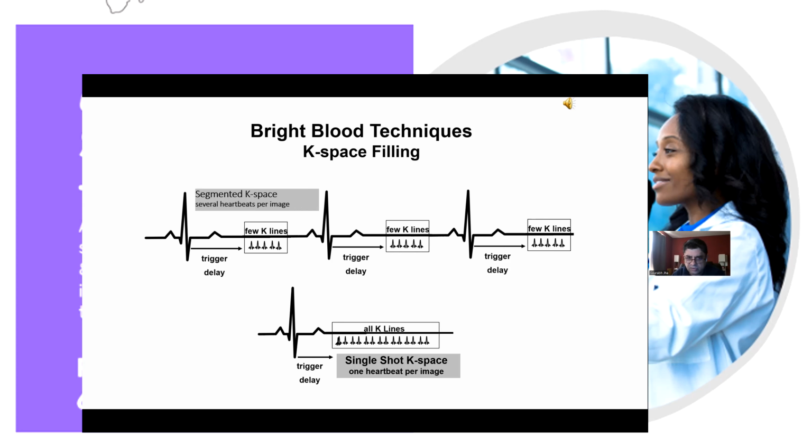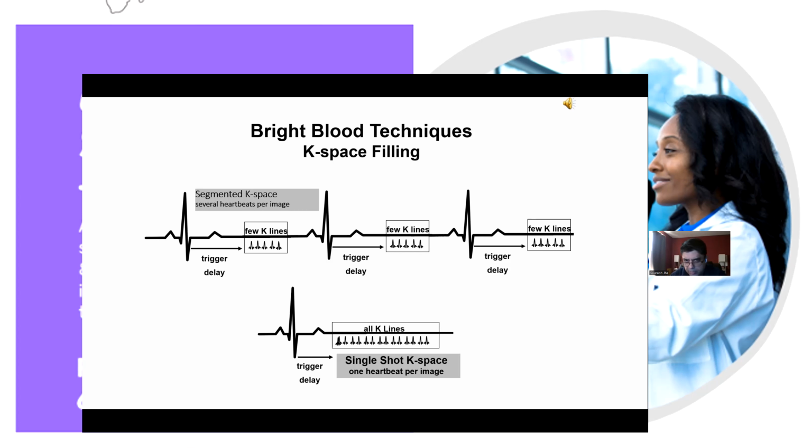ECG synchronization simply means that we collect lines of K-space with the ECG in mind. So from one heartbeat to the next heartbeat to the next, we collect certain lines of K-space. So let's say we need to collect 256 lines of K-space. Just want to make the math easier over here.